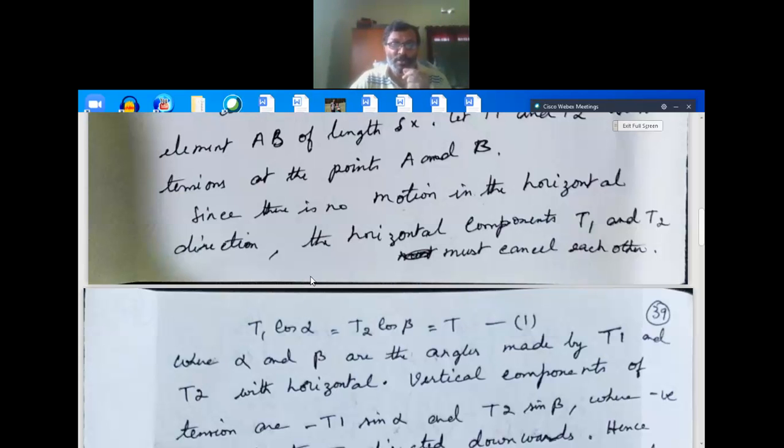So the horizontal components: always the horizontal component is cos. T1 cos alpha is equal to T2 cos beta. They cancel each other because there are no horizontal movements, only vertical movement.